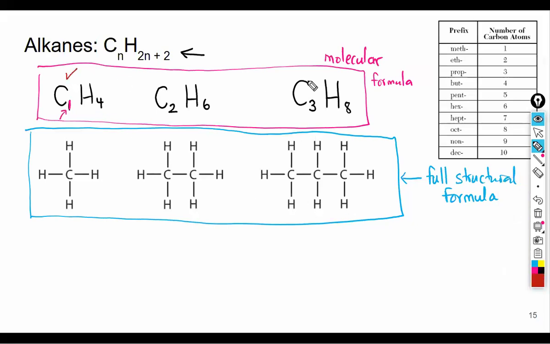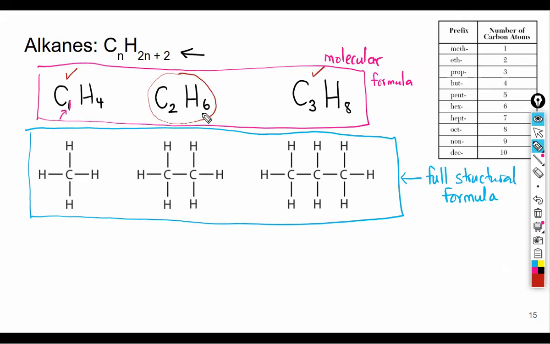The first one and the last one. The last one you can't reduce because 3 can't go into 8, and 1 into 4 is still 4. The only one you can reduce to get a different empirical formula is the middle one. If you put this one as the empirical formula, you'll get 1 and 3, because 2 into 6 is 3.